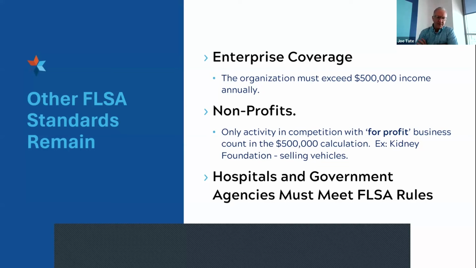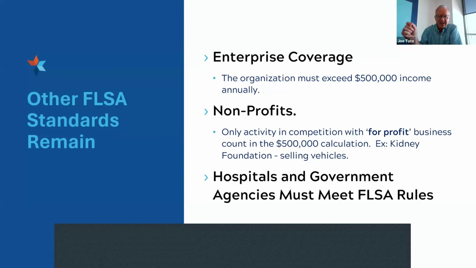Now, for nonprofits, they look at it this way: only the activity that's in competition for a profit counts. So there's still that $500,000 threshold, but it would have to be that part of the business where they compete with for-profit businesses. My example that I like to use is the Kidney Foundation. The Kidney Foundation is not for profit.